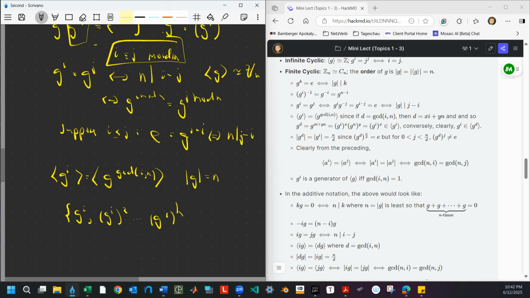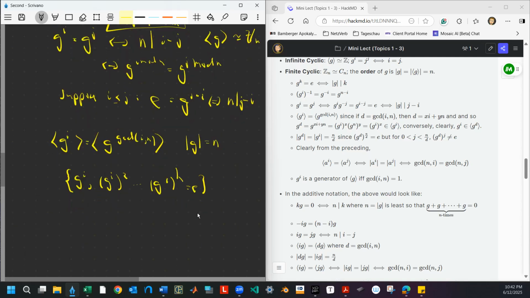So we'll have a set like that, and eventually we're going to hit e. We've seen this before. What we're actually getting here is e down here, and then g^i, then g^(2i), up through g^((k-1)i). So we'll have that.